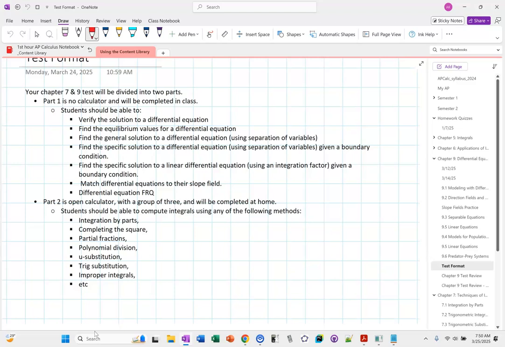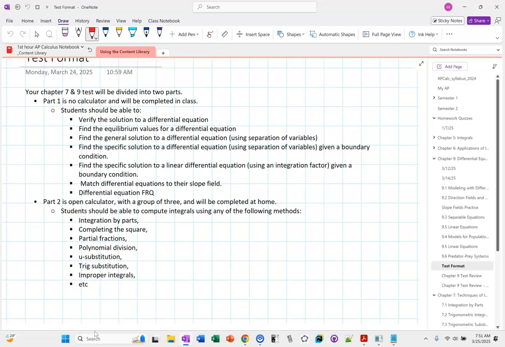Part 2 is open calculator, take home with a group of 3. So again, there are 21 of you guys in here. So 7 groups of 3. So I wrote 7 versions of this for you guys to work on with your group. It's just going to be asking you to compute the integral.